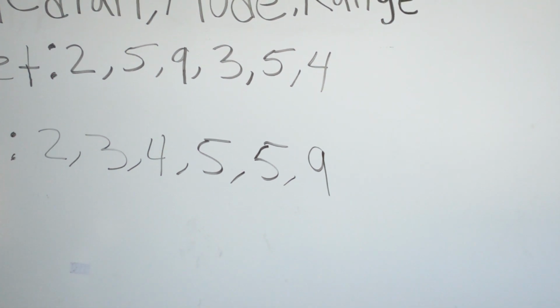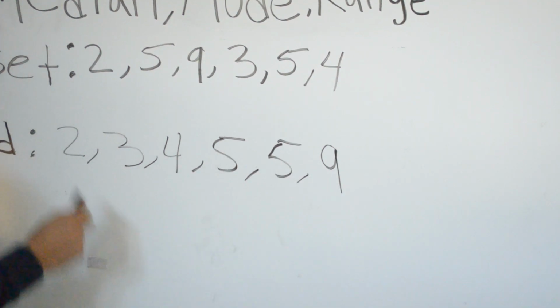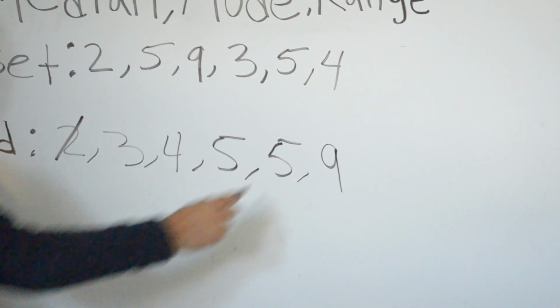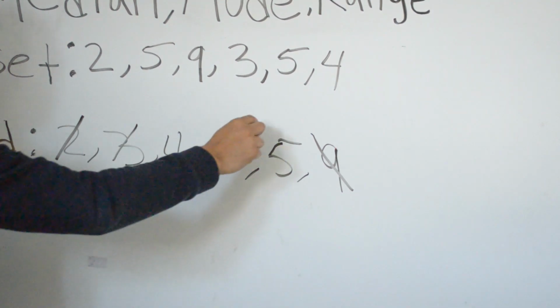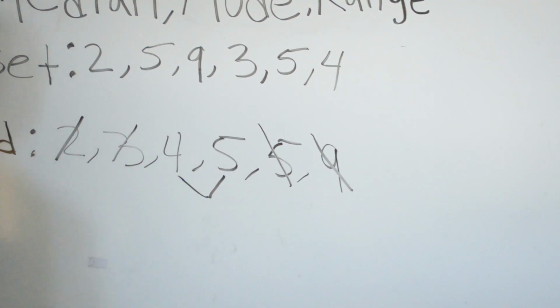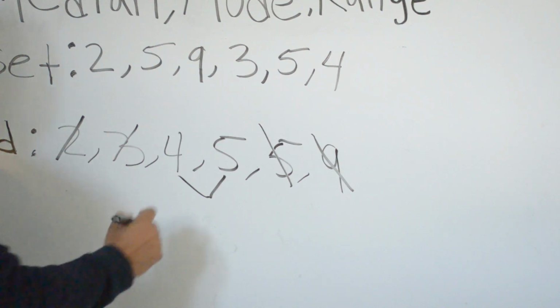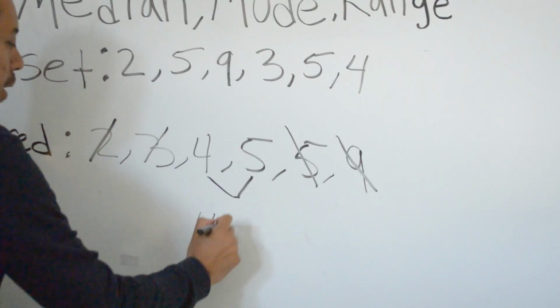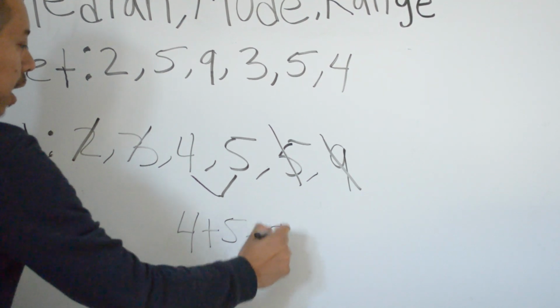Once we reorder the numbers, we go ahead and do the same thing. We go from left to right, crossing out numbers. We cross out 2, cross out 9, cross out 3, we cross out 5. Now, we have two numbers in the middle. So what do we do? We're going to add those numbers together. 4 plus 5 equals 9.